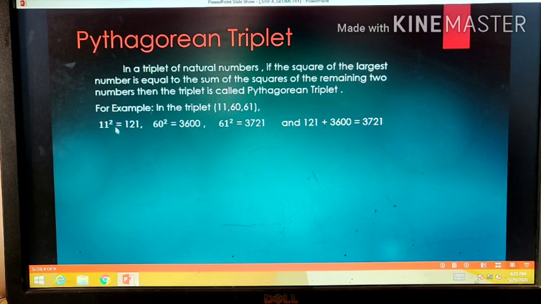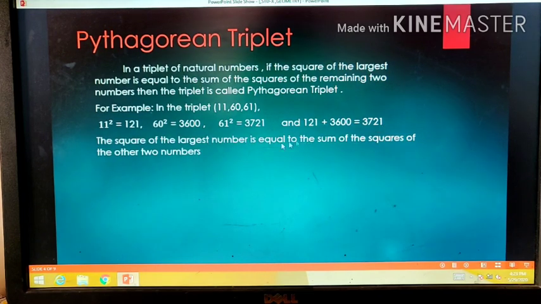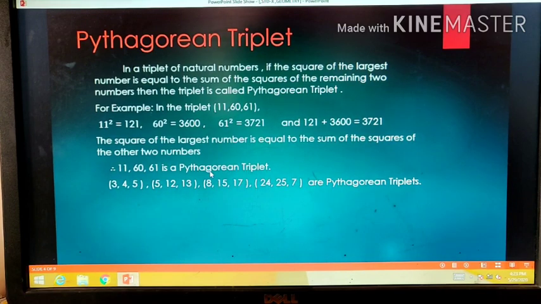Now see, 11 square plus 60 square is equal to 61 square. That is 121 plus 3600 is equal to 3721. Here the square of the largest number is equal to the sum of the squares of the remaining two numbers. Therefore, 11, 60 and 61 is a Pythagorean triplet.